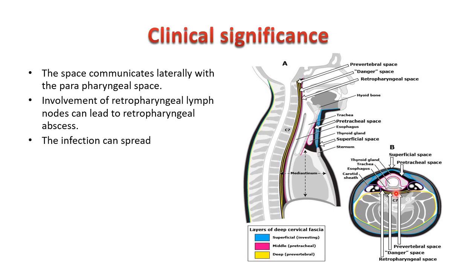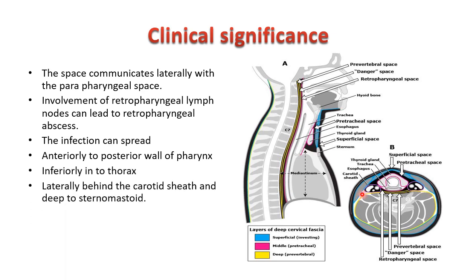Okay, so laterally, since it communicates with the lateral pharyngeal space, it can go to the lateral pharyngeal space, or it might pass posterior to the carotid sheath, and it might come to lie deep to the sternomastoid, or below it might actually track into the thorax. Okay, so that is the main route of spread of infections.